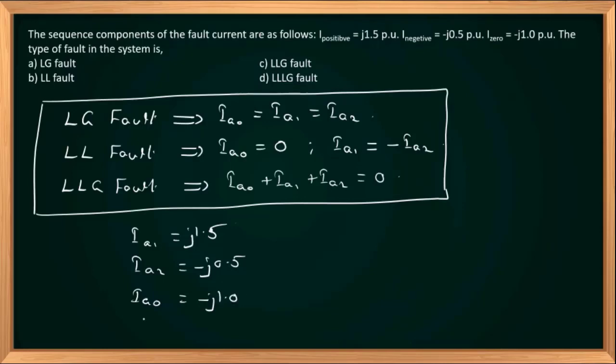So if you add all of this, IA naught plus IA1 plus IA2 will be 0. So this condition corresponds to line to line ground fault, LLG fault. So the option is option C.